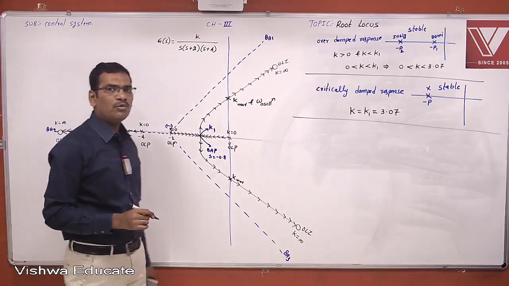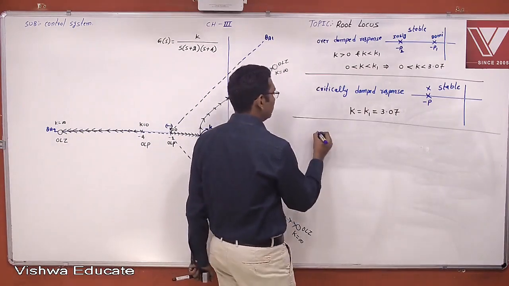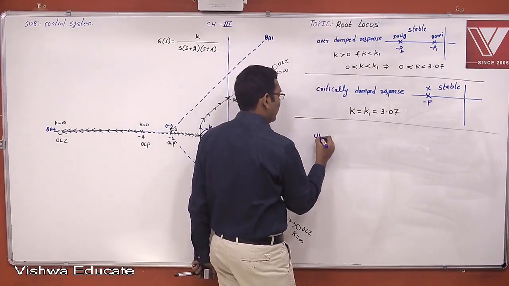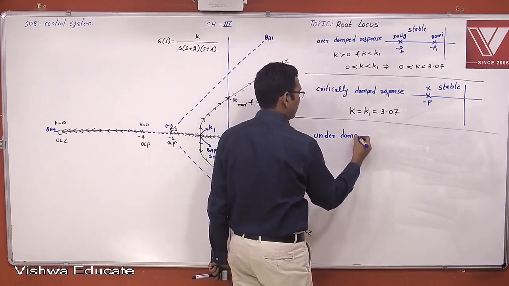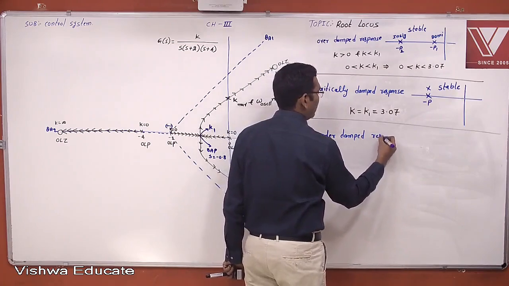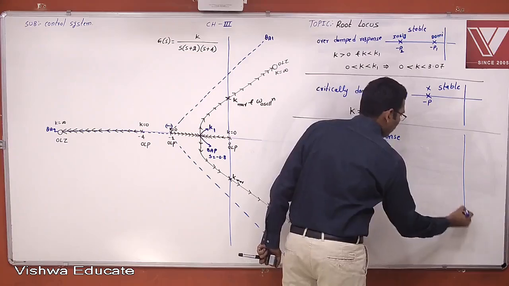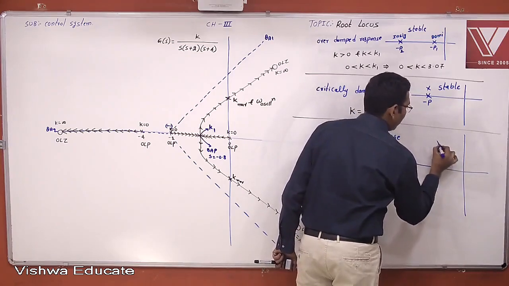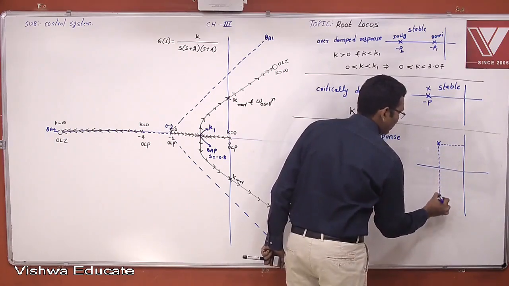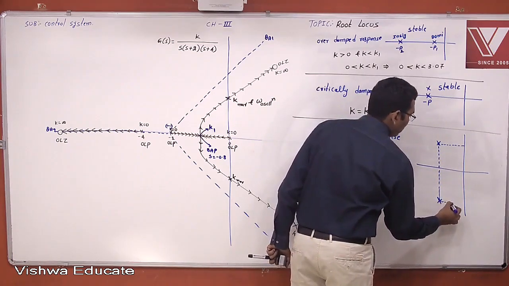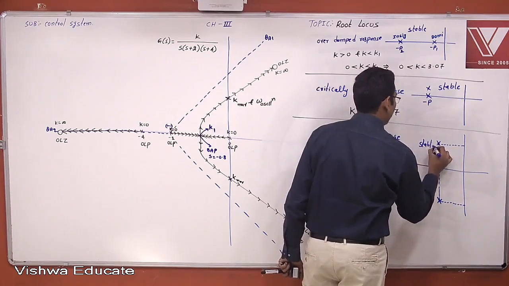Next, the overdamped case is closed. Now when the root locus diagram is said to be an underdamped response, the poles are complex conjugate and lie on the left hand side of the S-plane. Underdamped poles are poles which are complex conjugate which lie on the left hand side of the S-plane.